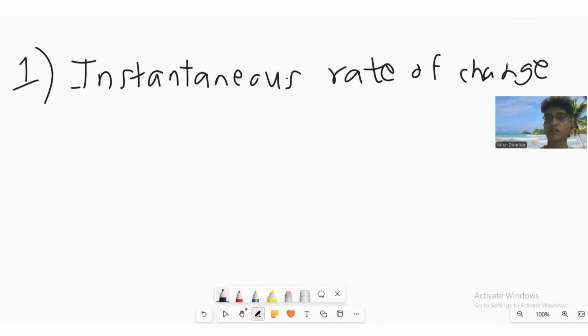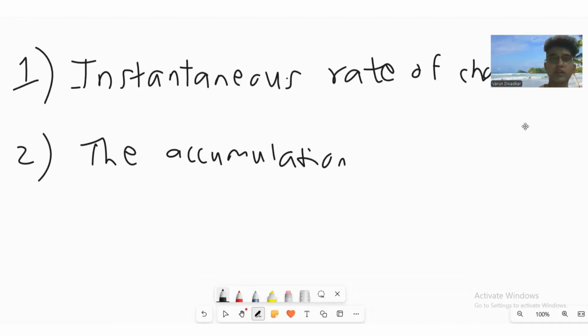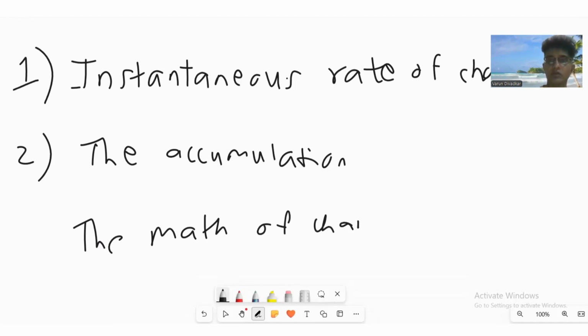All right, that's the first problem. And the second problem is the accumulation. So basically, calculus is called the math of change. Let's see what change we are exactly talking about.